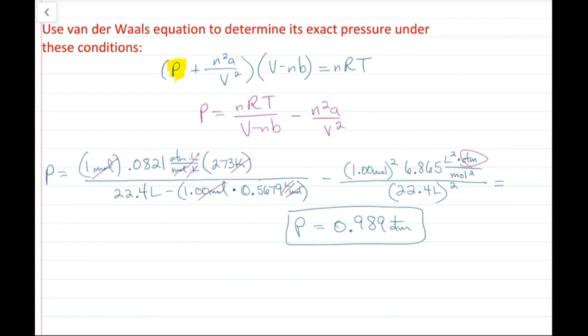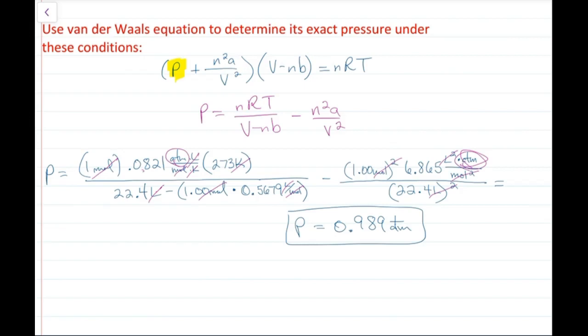And then I have moles squared here with moles squared there, liters squared with liters squared, and so I just have atmospheres here and atmospheres here. And atmospheres minus atmospheres just gives me atmospheres as my unit. But of course we were looking for atmospheres anyway, so that should be pretty obvious.